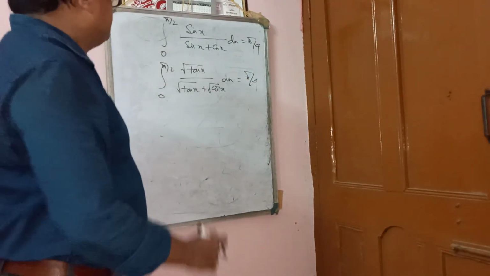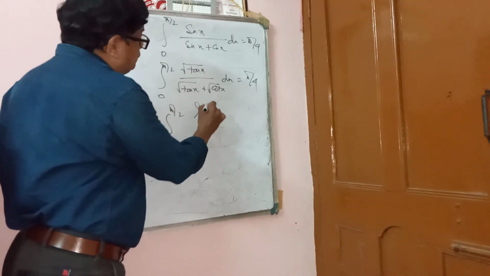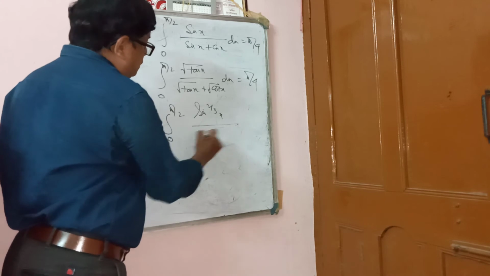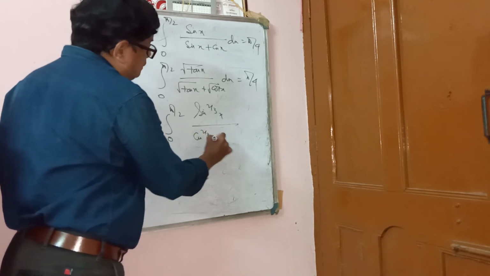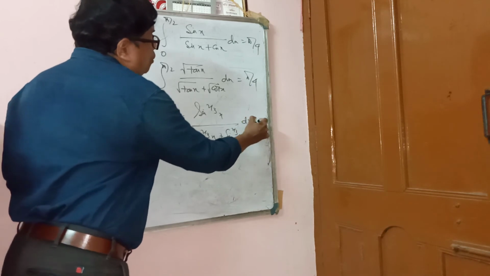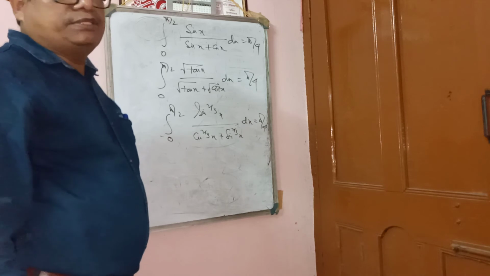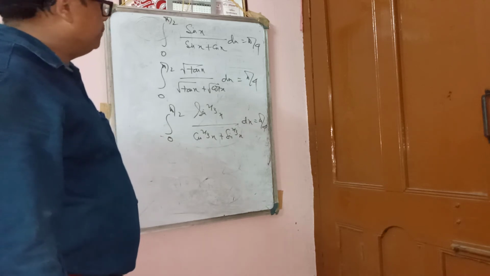Similarly, suppose the integral from 0 to pi by 2 of sin to the power 2/3 x by cos to the power 2/3 x plus sin to the power 2/3 x dx. Always pi by 4.